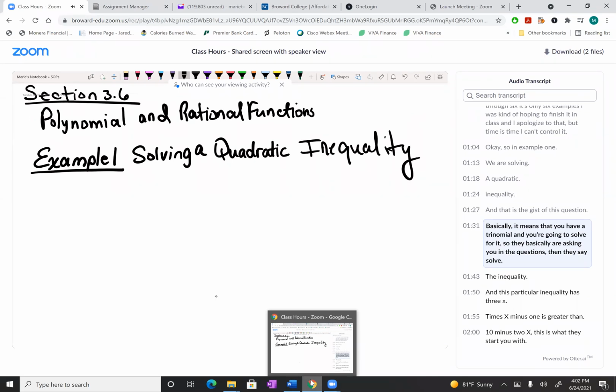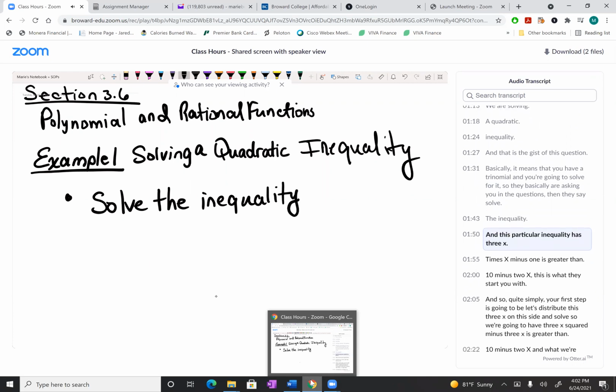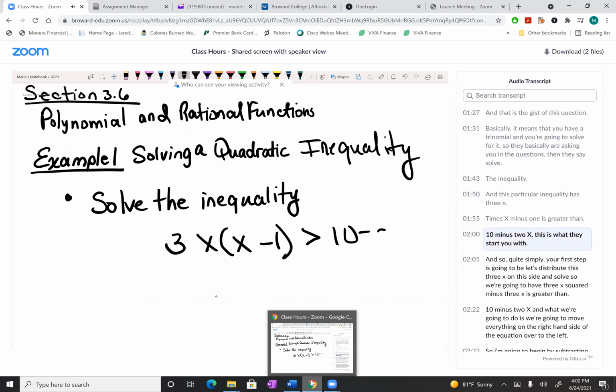So in the question stem, they say solve the inequality, and this particular inequality has 3x times x minus 1 is greater than 10 minus 2x.